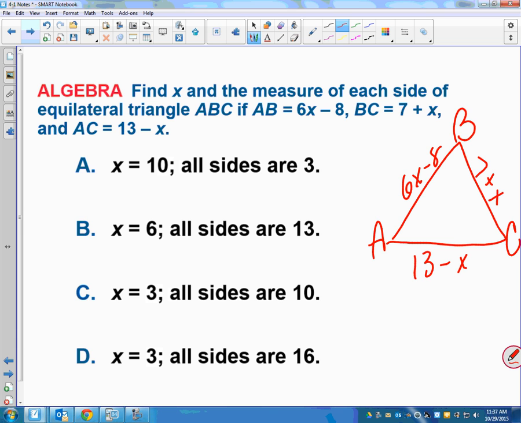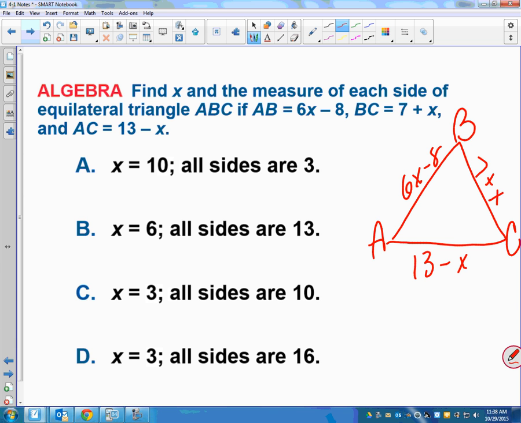So on the last problem, the isosceles, it mattered which two you said equal to each other. What about the equilateral triangle? Does it matter which two I said equal to each other? No. They're all equal to each other. So you could set this equal to this, or this equal to this, or this equal to this, right? It doesn't matter. So Chandler, what'd you do?